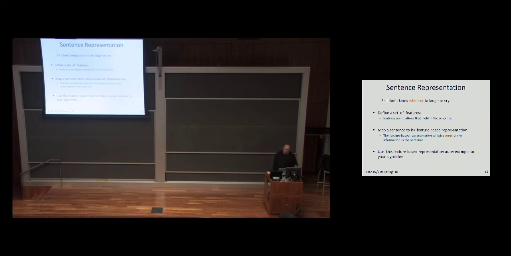Once we define features, types of features, we're going to map each sentence to its feature-based representation. And then I generate the example or the examples that I'm going to give as input to my learning algorithm.